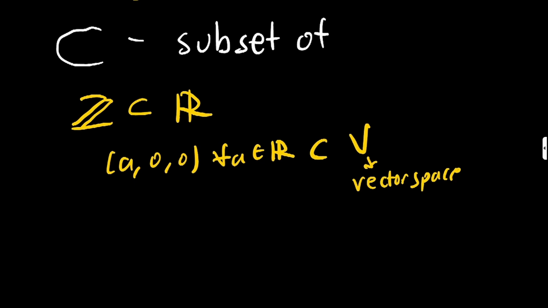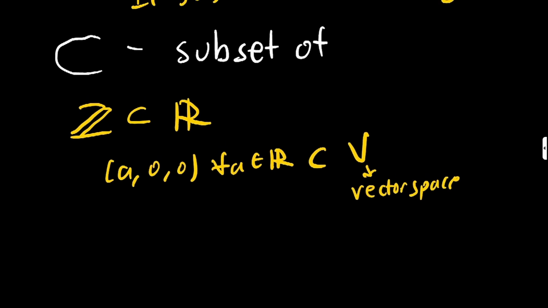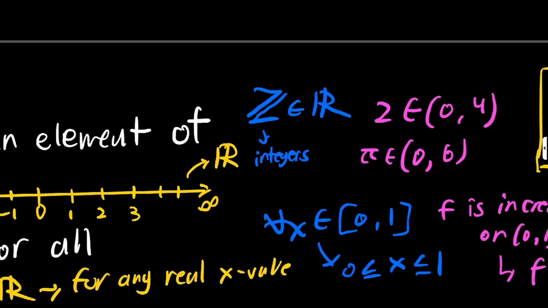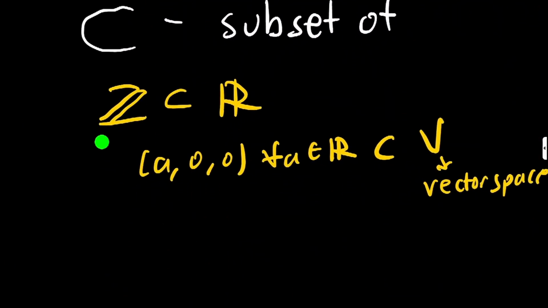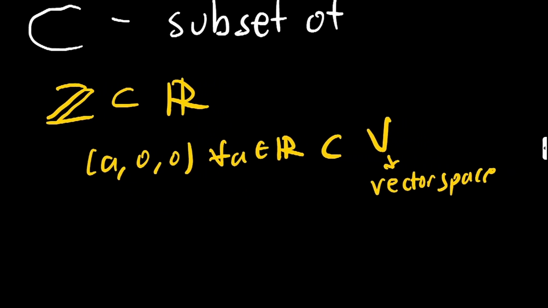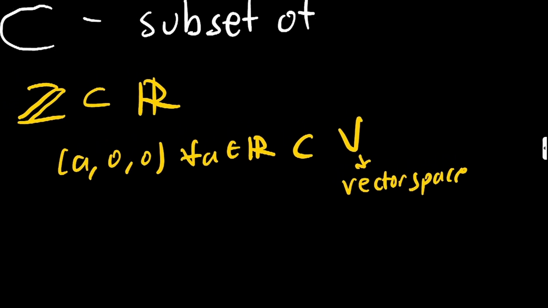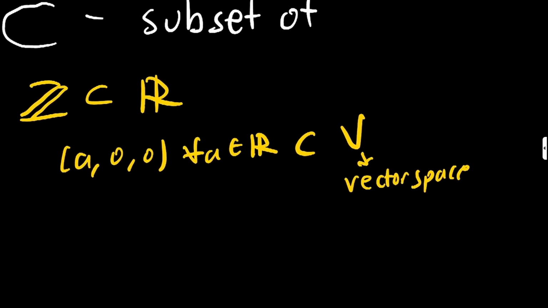And lastly, for these subsets, if we want to write things as going into set theory, just like this notation up here, we can actually write that the same way as saying that the integers are simply a subset of the reals. This applies more to some other topics like linear algebra, vector calculus, probability theory, measure theory, and all that sort of stuff. Because let's say I want to say, there is an ordered triple of the following form, a comma 0 comma 0, for all a that are real numbers.